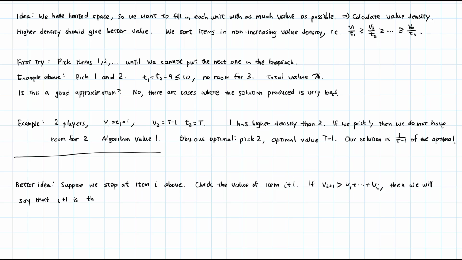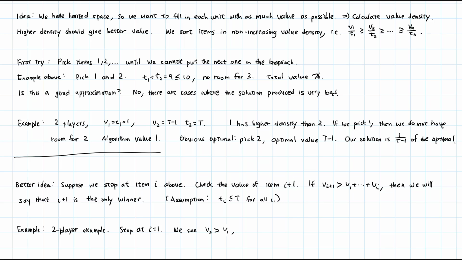So I plus 1 is the only winner in this case. For this to work, we will make a reasonable assumption that Ti is at most capital T for all I. In our 2-player example above, we will stop at I equals 1. We see that V2 is greater than V1, so we will pick V2 instead.